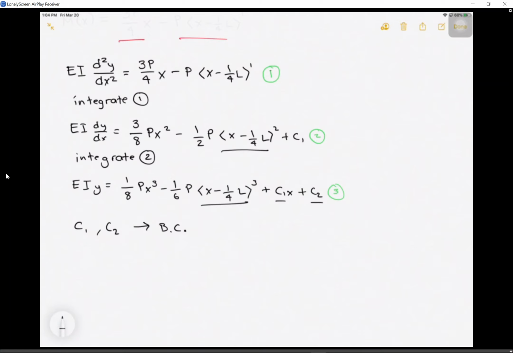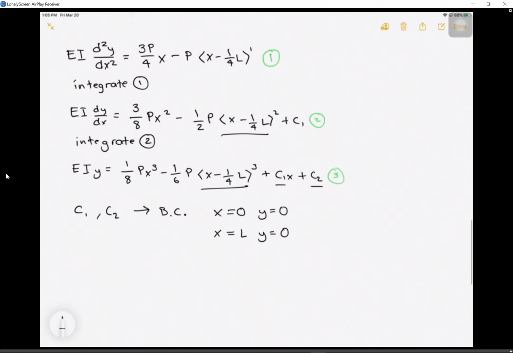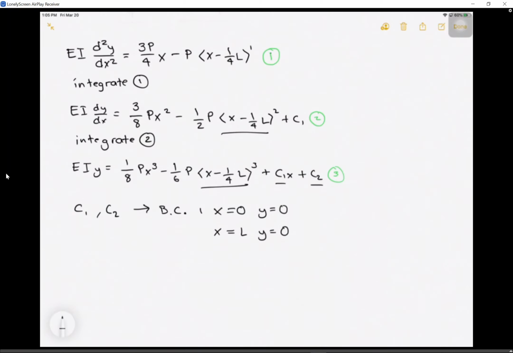So we have boundary conditions: x is equal to 0, y is equal to 0, and x is equal to L, y is equal to 0. Let's apply boundary conditions 1 and 2.